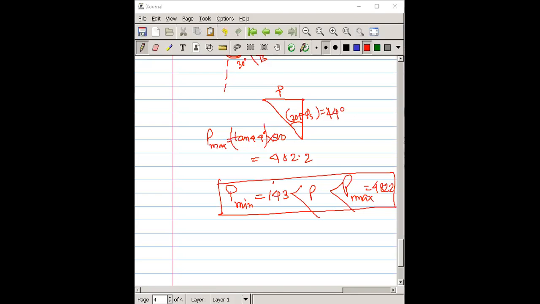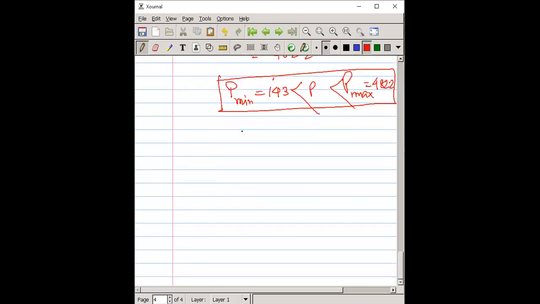Okay, let's solve another type of friction problem. I have already shown you some problems on strings, right? A friction problem. So let's solve another friction problem.